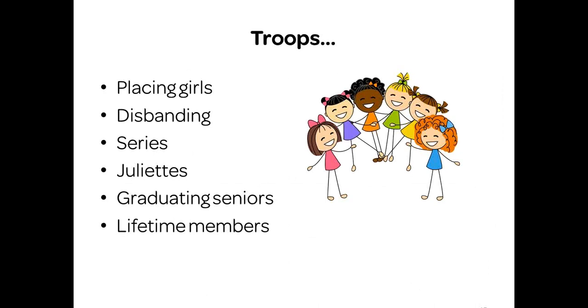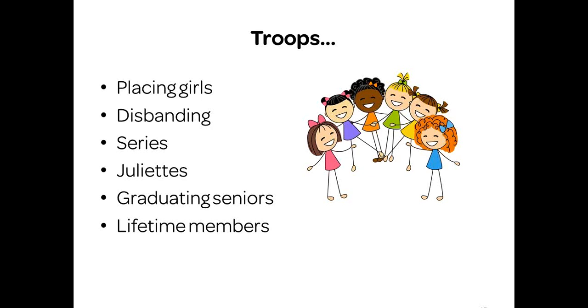Okay. Placing girls in troops. There is a priority for who gets placed in a troop. First, girls who are currently registered, including individually registered girls, who are Juliets. They always get priority.